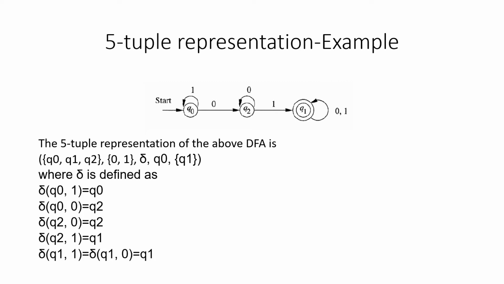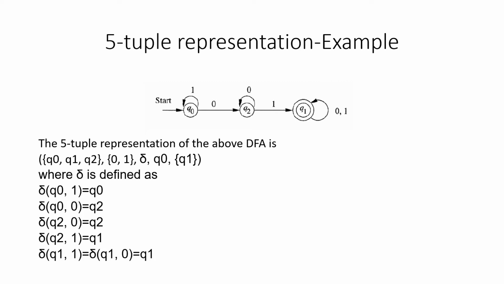In this example, which is the starting state? We know that the starting state is differentiated from the remaining states with the help of this arrow mark and the start symbol. It varies from textbook to textbook. In a few textbooks they use start, in a few it may not be. So from this diagram, it is inferred that Q0 is the starting state. The last parameter is the set of accepting states.